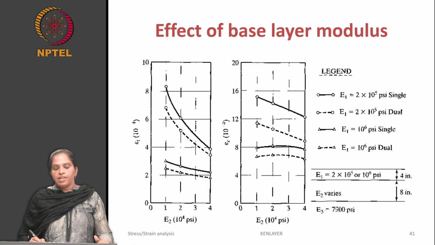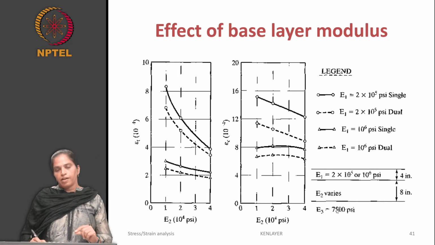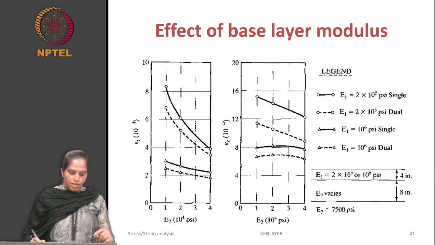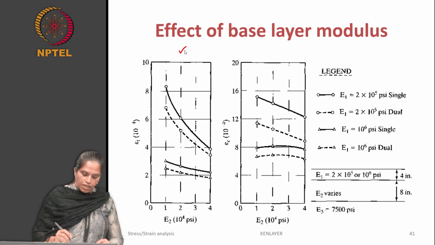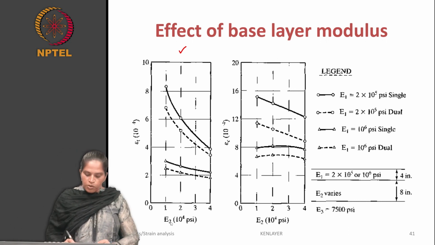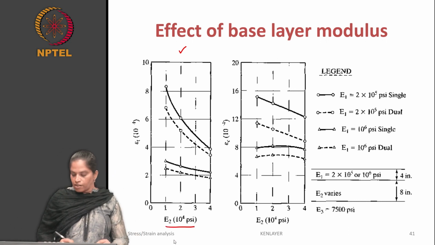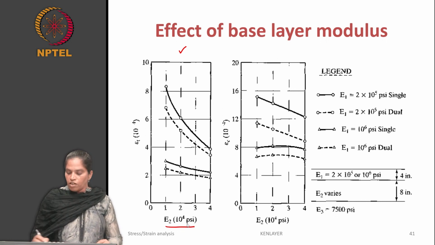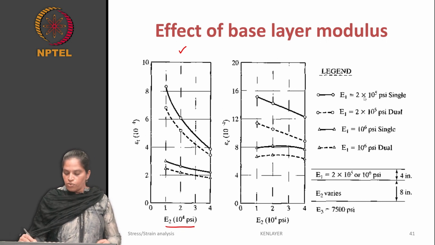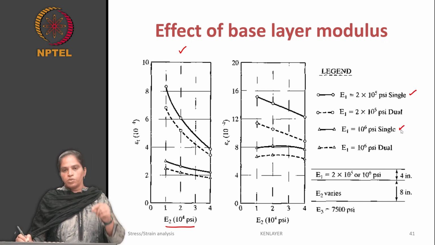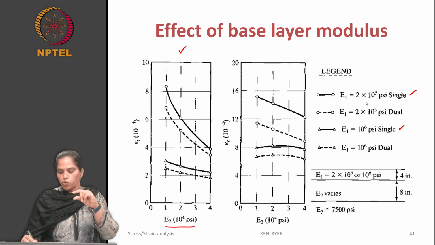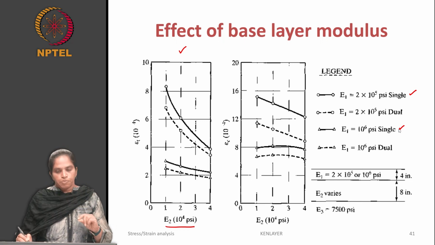Now, we will see the effect of base layer modulus variations on epsilon C and epsilon T. So, this is the epsilon T variation for different modulus values of the base layer. This simulation was run for asphalt modulus values of 2 x 10^5 psi and 10^6 psi, so an asphalt layer having a small modulus and a larger modulus, with single and dual wheel.